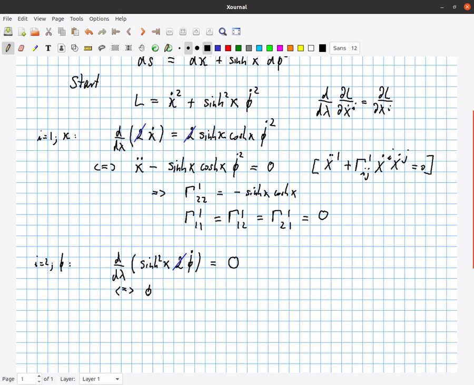It begins with phi double dot sine hyperbolic squared kappa plus phi dot, and now we need to differentiate sine hyperbolic squared kappa with respect to lambda. This gives 2 sine hyperbolic kappa cos hyperbolic kappa times kappa dot equals 0.